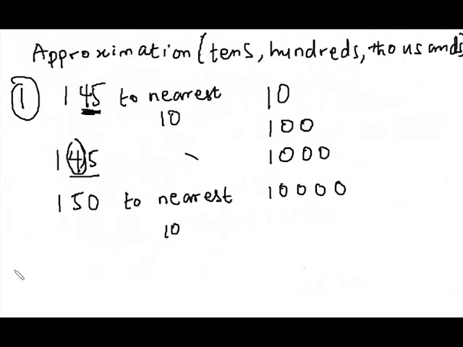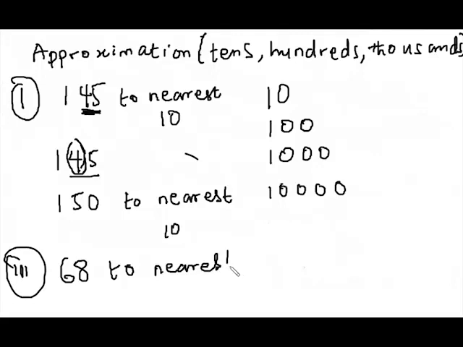So let's pick another example for it to be clearer. So we have, say, 68. 68 to the nearest 10, from the right we have two numbers already here.